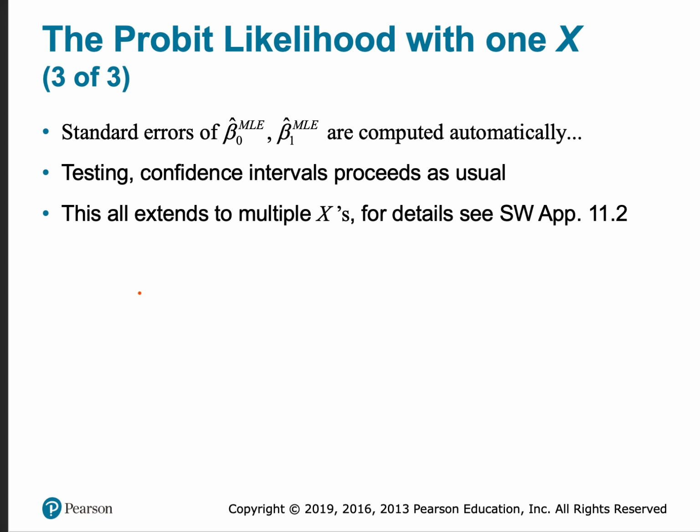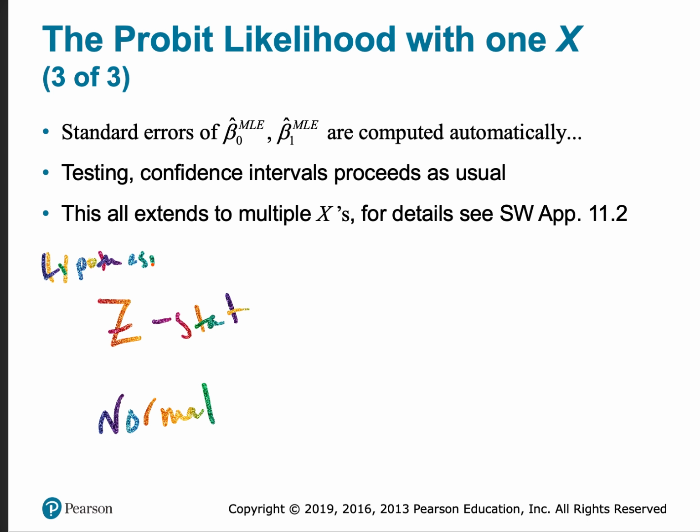You'll use the Z statistic, the normal distribution, for a hypothesis test for one coefficient.